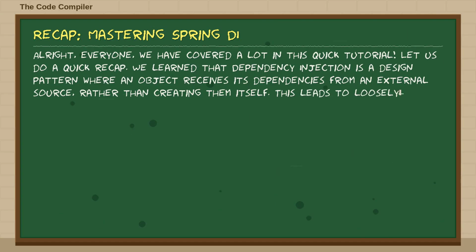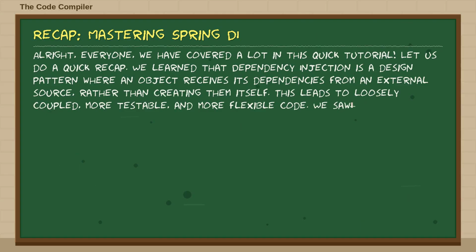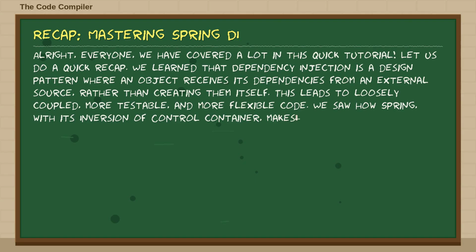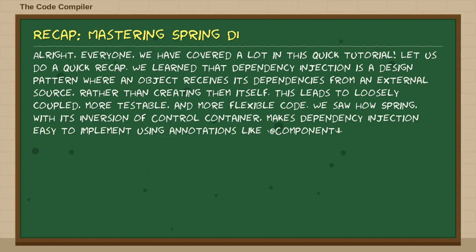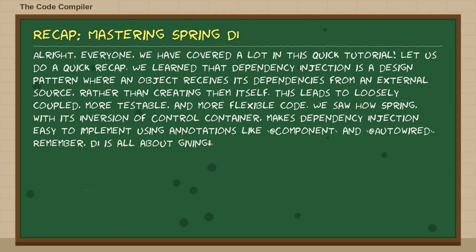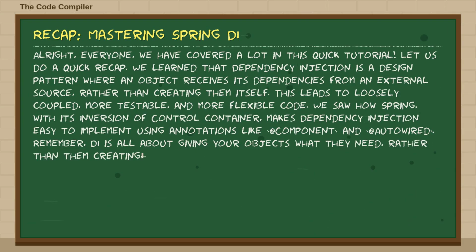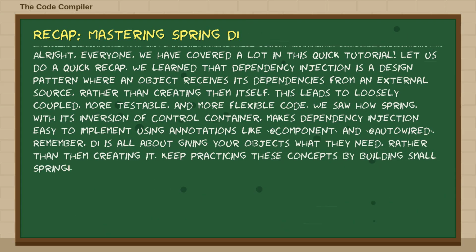This leads to loosely coupled, more testable, and more flexible code. We saw how Spring, with its inversion of control container, makes dependency injection easy to implement using annotations like @Component and @Autowired. Remember, this is all about giving your objects what they need, rather than them creating it.